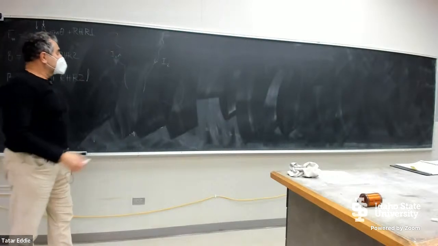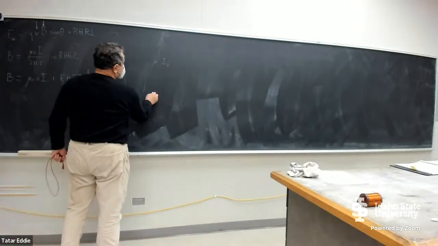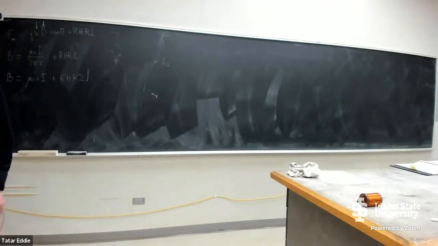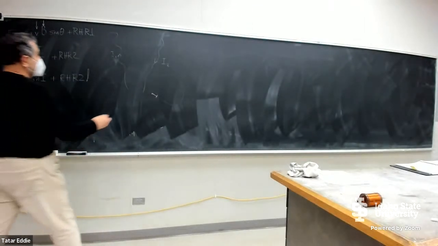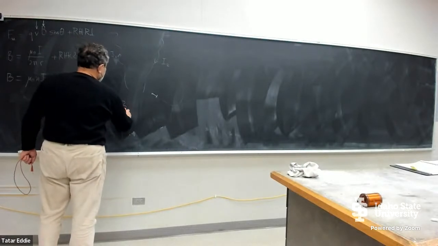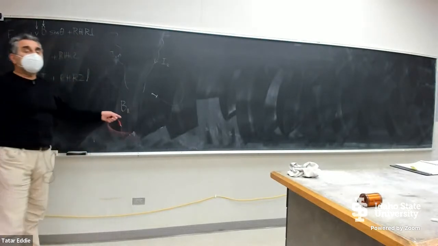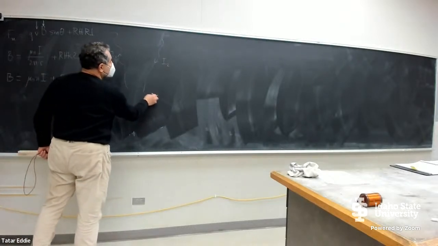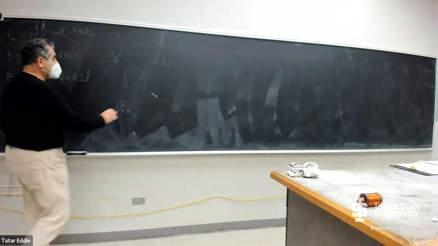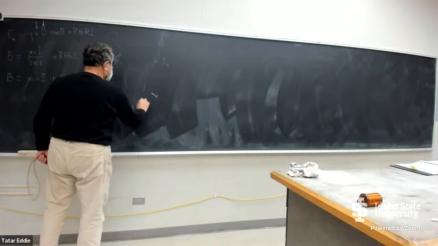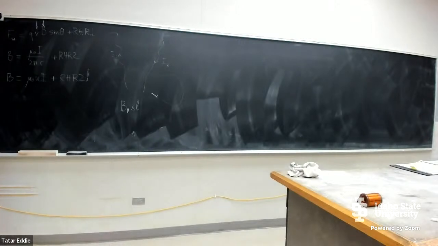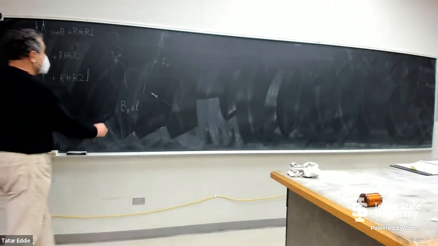And after that, starting by taking small pieces of this imaginary closed curve, you can calculate the parallel component of the magnetic field around this small piece with length delta L, multiplied by the parallel component of the magnetic field.